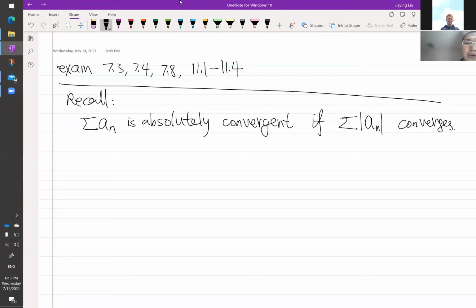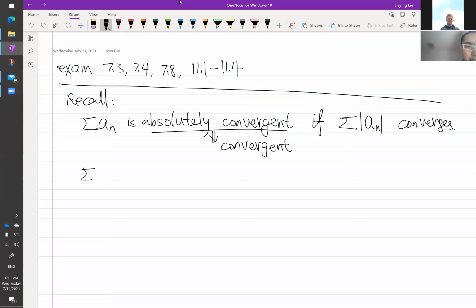And absolute convergence also implies convergence. So if a series is absolutely convergent, then it's definitely convergent. I probably should draw the arrow this way.